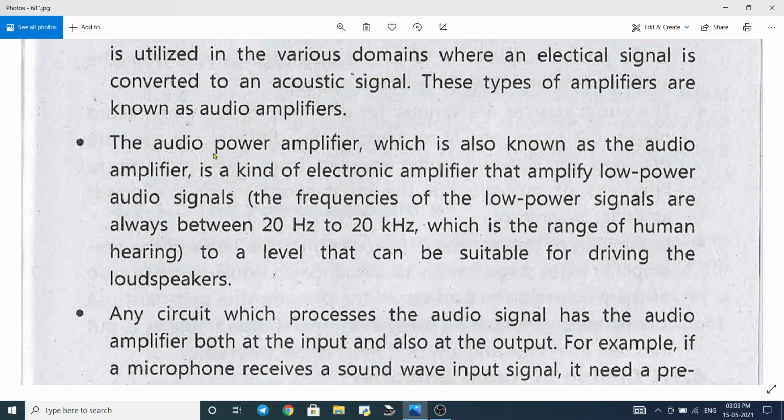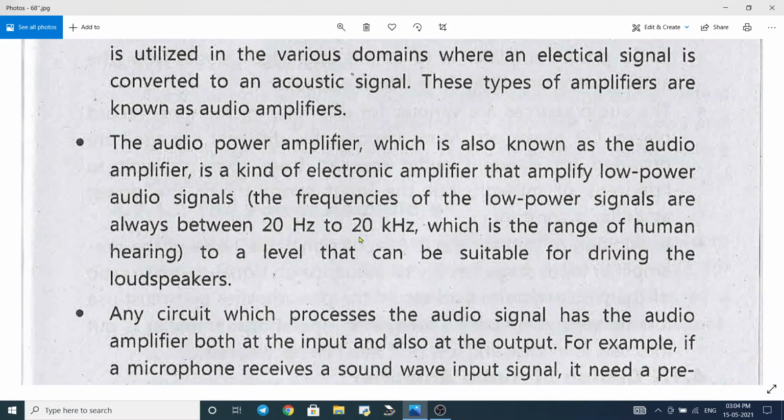So the audio power amplifier, which is simply known as audio amplifier, is a kind of electronic amplifier that amplifies low power audio signal.